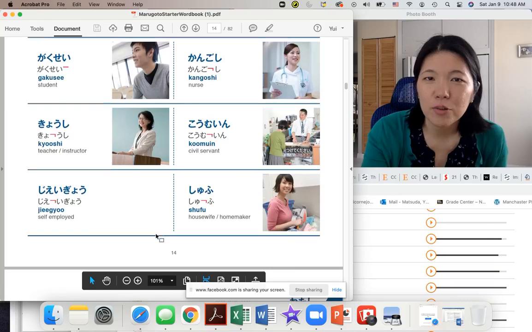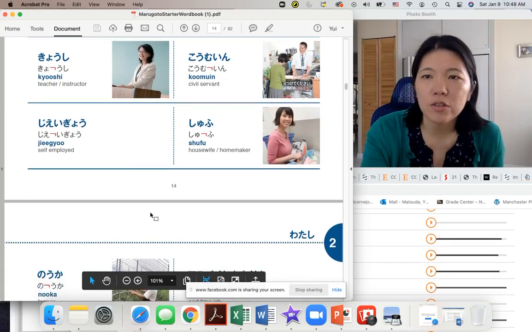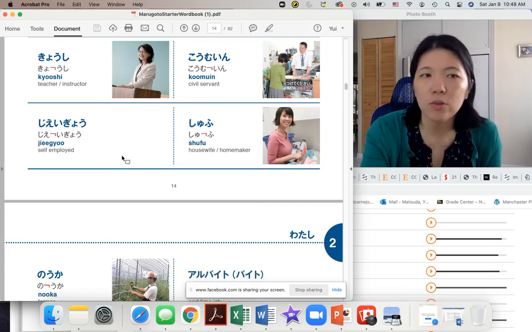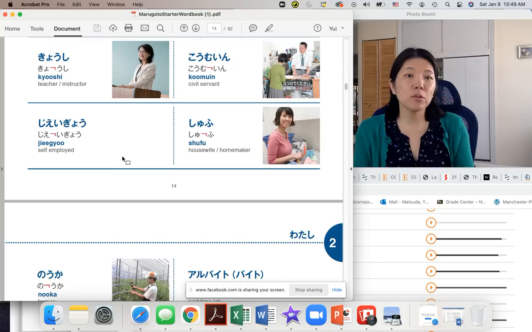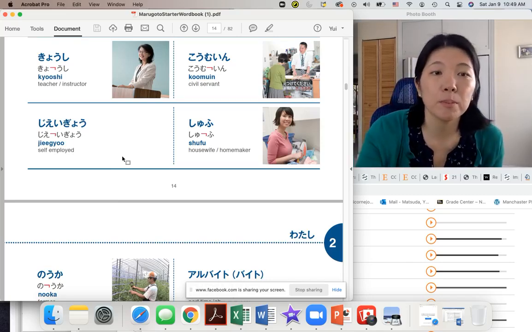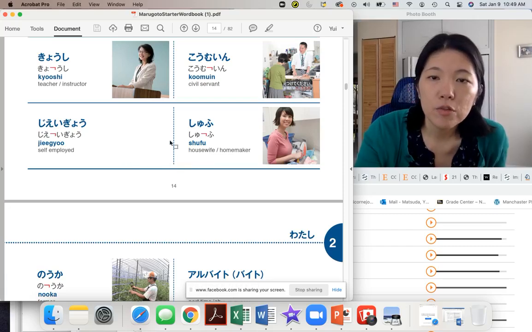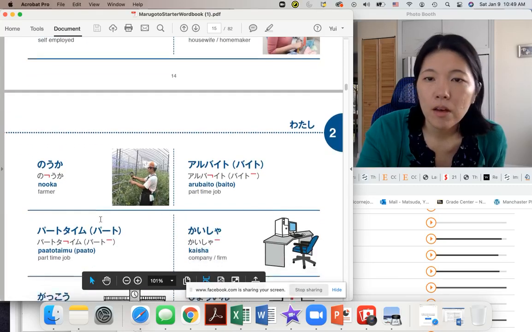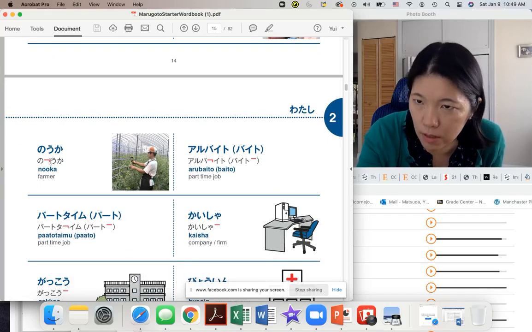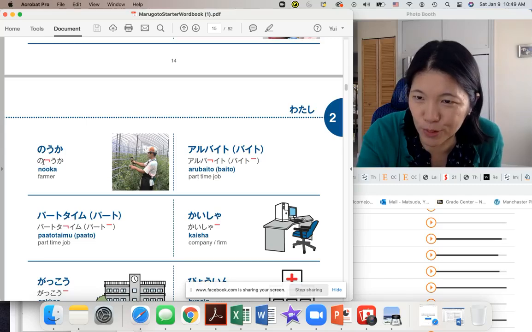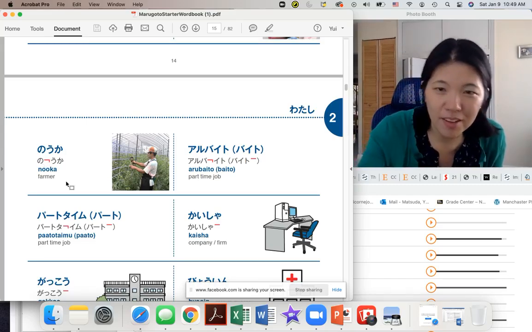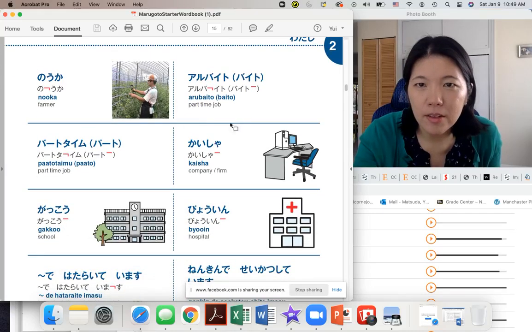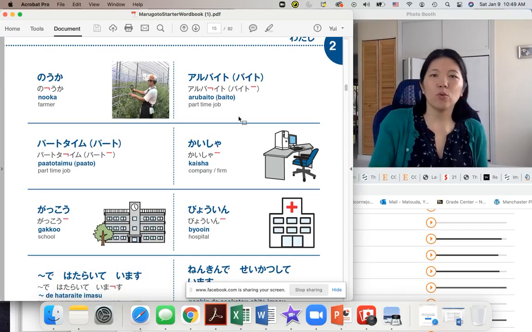So 看護師 is gender neutral. 教師, teacher. 公務員, the civil servant. 自営業, if you have your own business, your own store or restaurant, self-employed, could be another type of self-employment. 主婦 is a homemaker. 農家, farmer. 農家 has a pronunciation cue, so it goes down. And then here it says アルバイト or バイト.